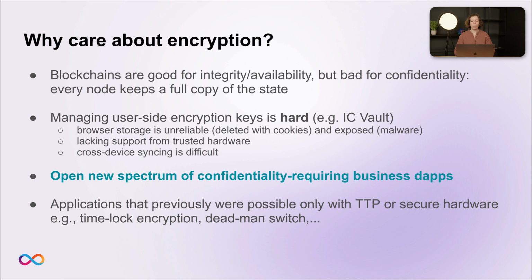And while they're very good for integrity and availability, they're quite bad for confidentiality. I'm sure you've been in the situation where somebody has seen transactions that you've made, or you've checked your own wallets, and while this is a great thing, in many cases, it's not so good for confidentiality. And if you want to build secure applications or more commercial applications where you need data to be secure and private, this is not the best situation.